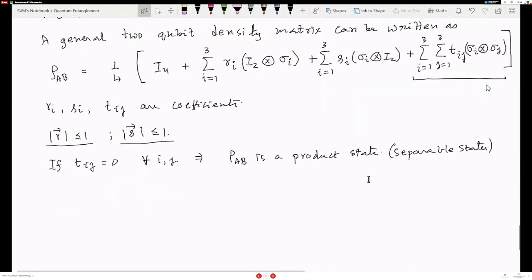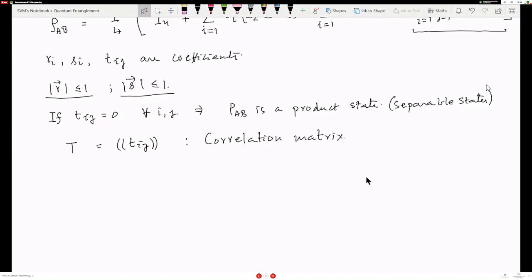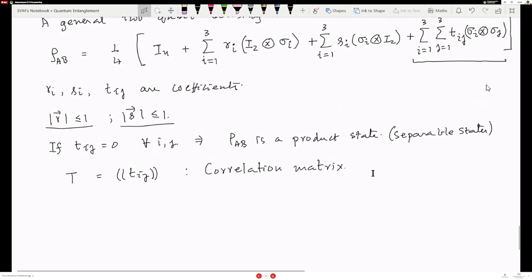And that is the reason why we say this matrix T, which is basically the matrix of these Tij, is called a correlation matrix. This is called a correlation matrix because this is where the correlations are built in. The correlations are in this matrix Tij.